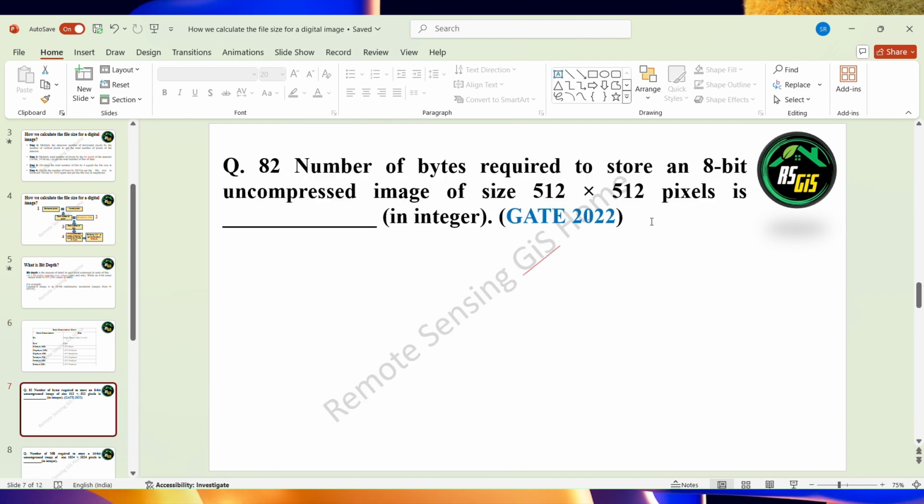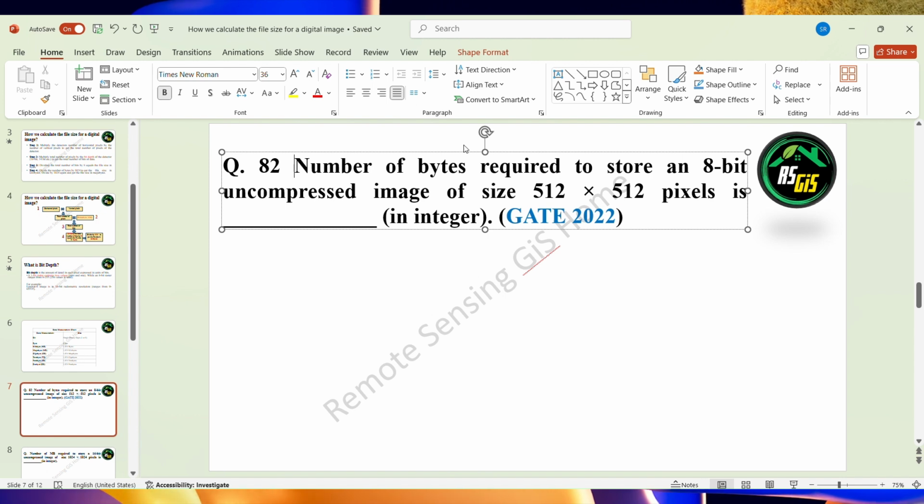This is a question from the year 2022, a very simple question asked in the GATE exam. It is question number 82 in the previous year papers: the number of bytes required to store an 8-bit uncompressed image of size 512 by 512 pixels is.